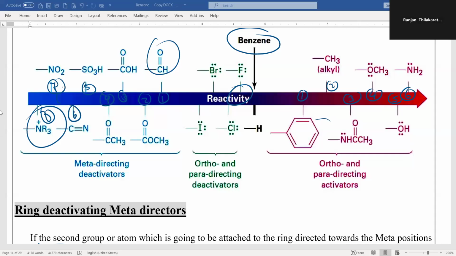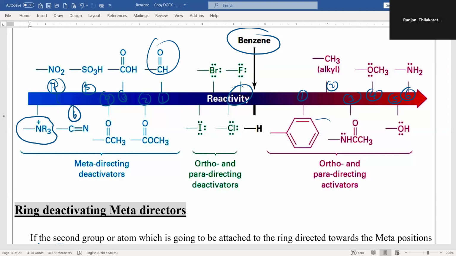Now, again, you can see that all these are meta directors, and this will be the most deactivated group. The ring will be most deactivated by this.